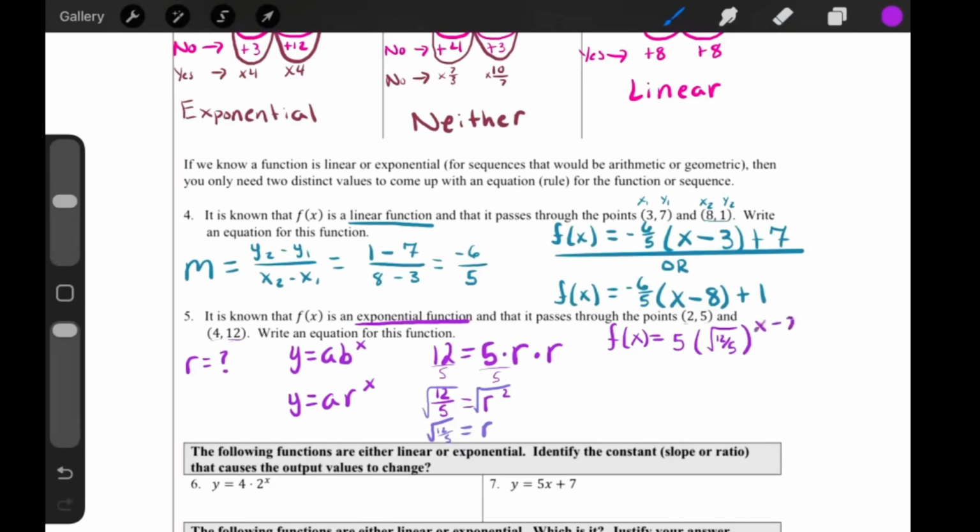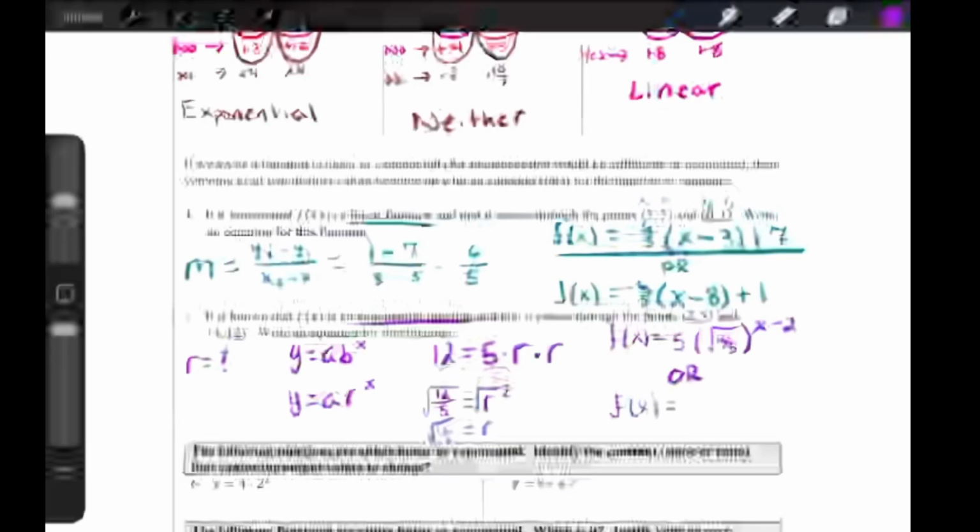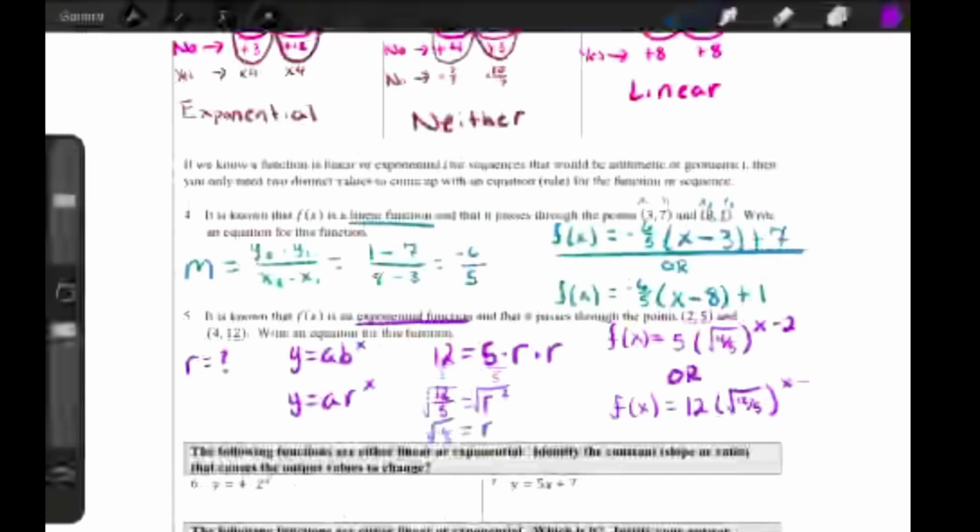So what I used was this first point that was given to me here, but we could also use the second point that was given to us, the (4, 12). So I'm going to write, or, and then rewrite this using our second point. f of x is equal to 12 times the square root of 12 over 5 to the power of x minus 4. Either one of these would work as an answer.